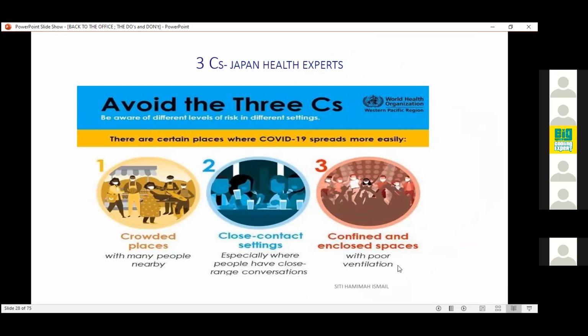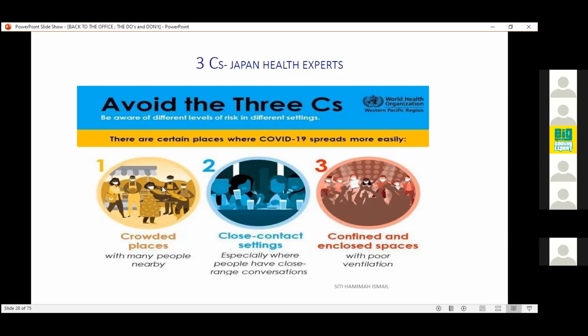Confined and enclosed spaces. 1 and 2 ni, you sendiri in terms of administrative, I rasa building managers, okay, kita sendiri punya awareness, we can see, okay, kalau katalah kedai tu punya owner bagi tahu, okay, maximum 5 occupant at one time. Sekarang ni dah banyak kan signage macam tu kan.